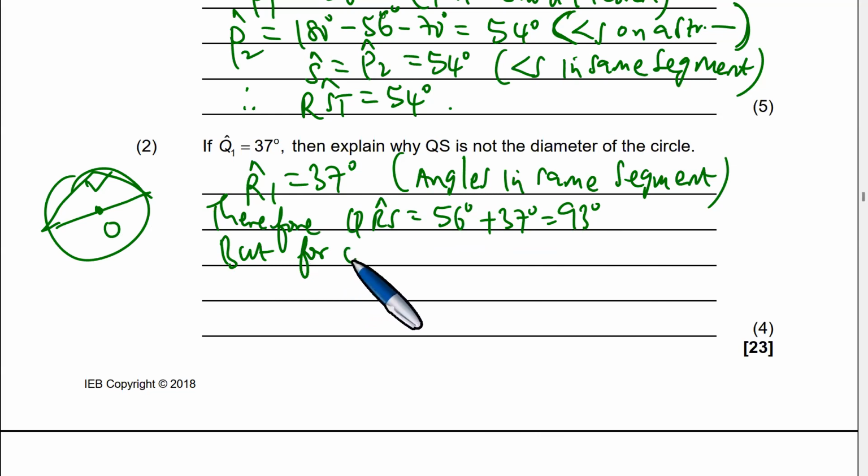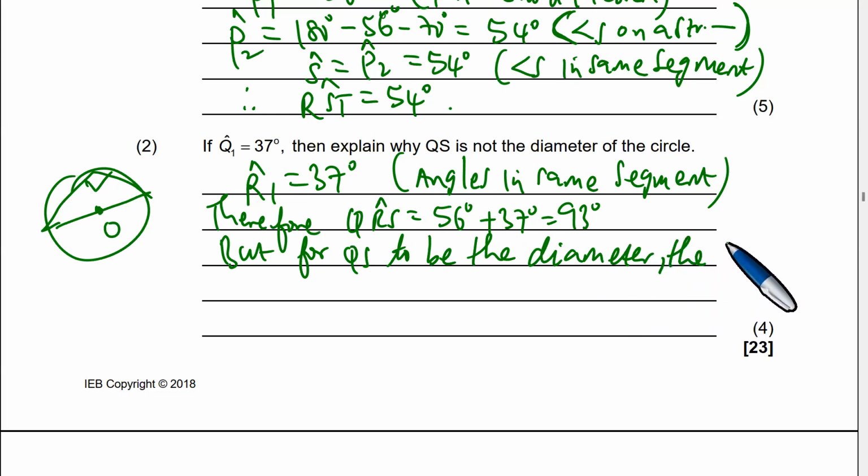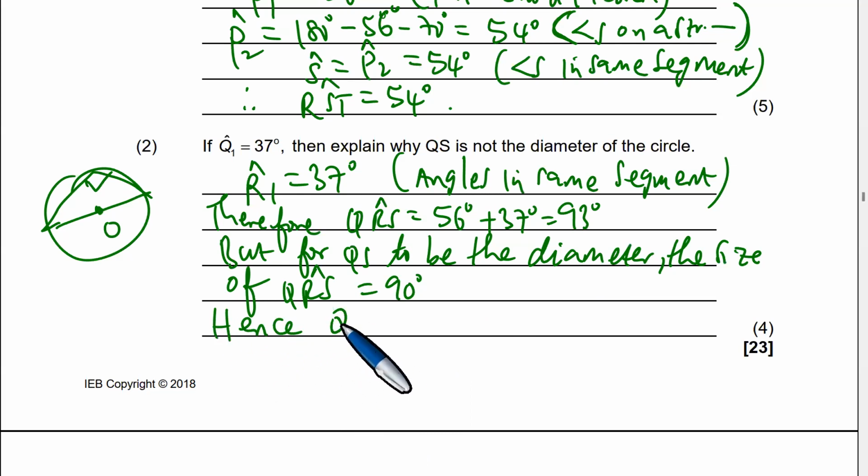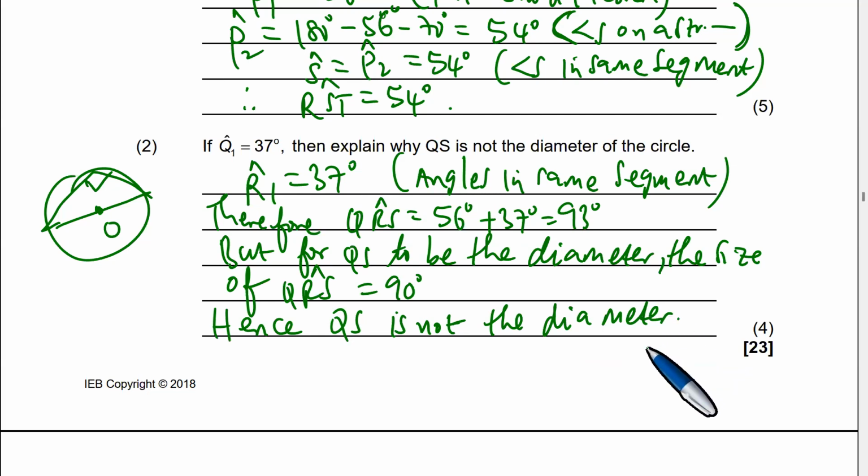For QS to be the diameter, the size of QRS must be equal to 90 degrees. Hence, QS is not the diameter.